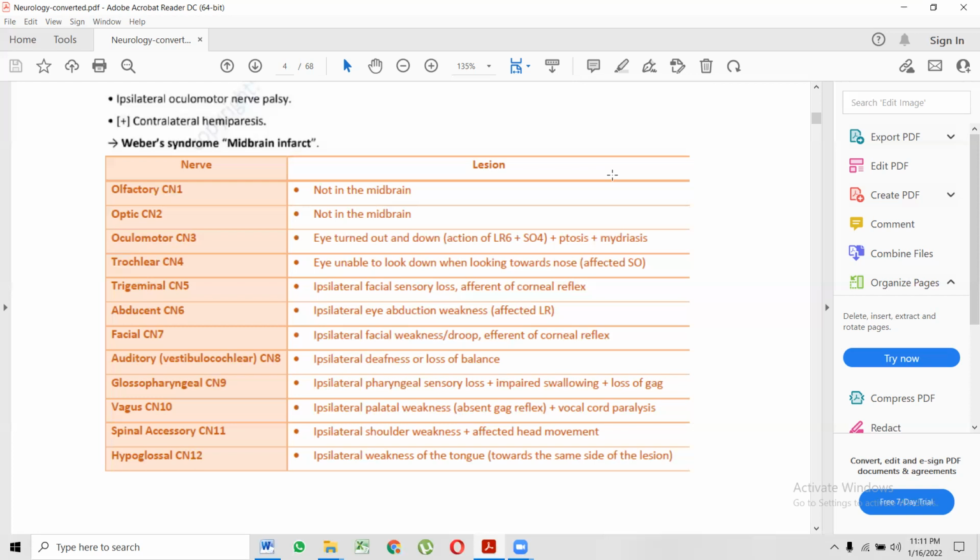So mydriasis will result because of the unopposed action of the sympathetic supply. I hope the function of the oculomotor nerve and its lesion is clear to everyone.